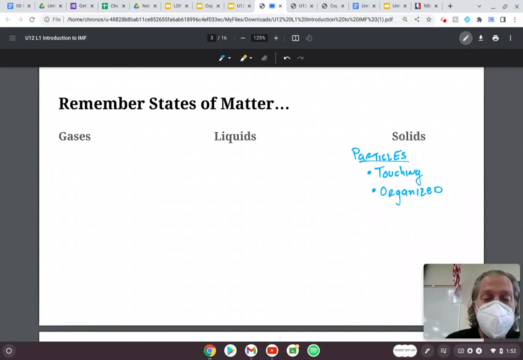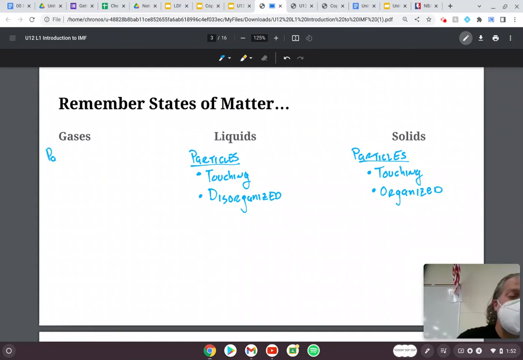For a liquid, the particles would be touching, but disorganized. And the particles of a gas would be not touching, and also disorganized.